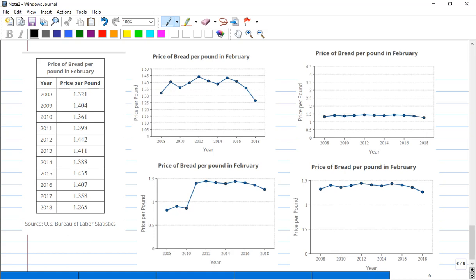All right. So what we want to do is look at the years and the price per pound. Look at the scales, and we want to know which graph best depicts the bread prices over a 10-year period without misrepresenting it.